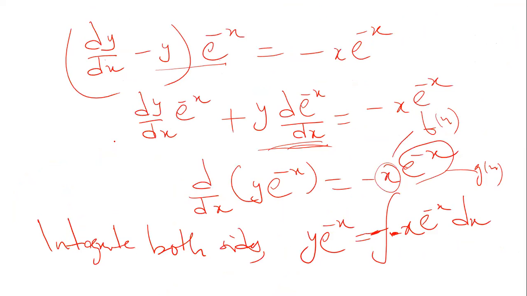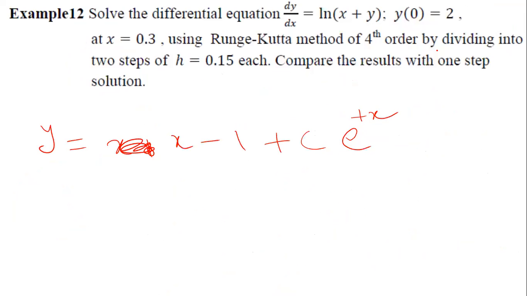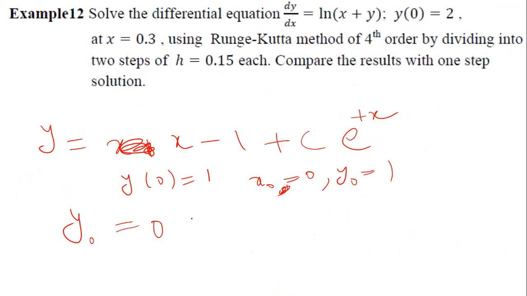What is the initial condition we have? Our initial condition is this. So let's use the initial condition here. y at x naught is 0, x naught is 0, your y naught is 1, right? So x naught is 0 minus 1. y naught is 1 plus c e to the power x naught, which is 0.